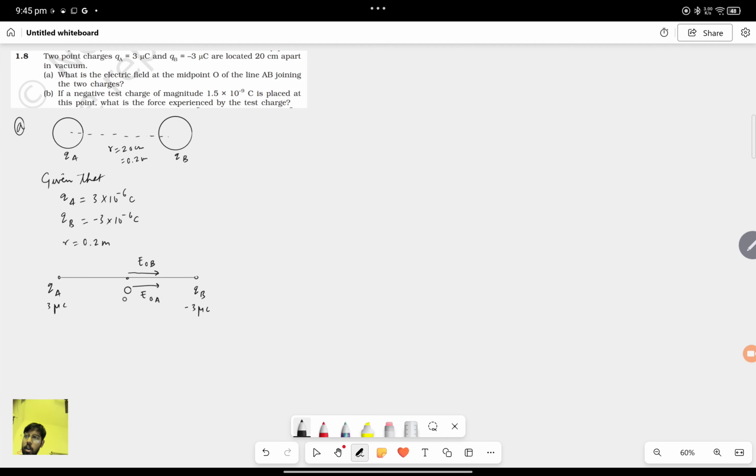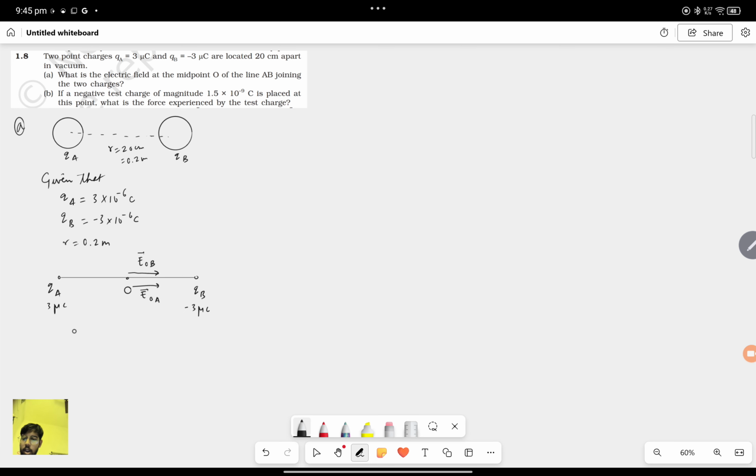Because that is a repulsion force, because that is positive. So both electric fields are going to be applied in the same direction, right? So now what is the magnitude of this EOB?